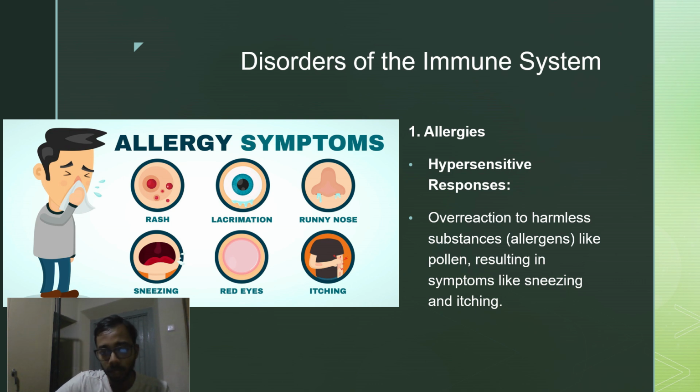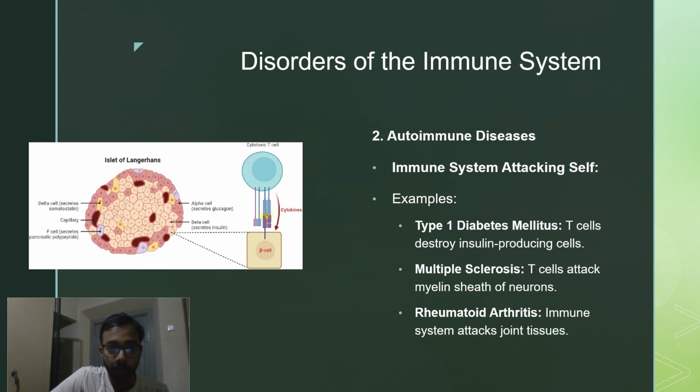Some people are allergic to various medications, and some are allergic to various foods, such as prawns, seafood, and some fruits and vegetables, right? They result in symptoms such as sneezing, itching, a body rash, lacrimation, and red eyes, right? So that is allergy.